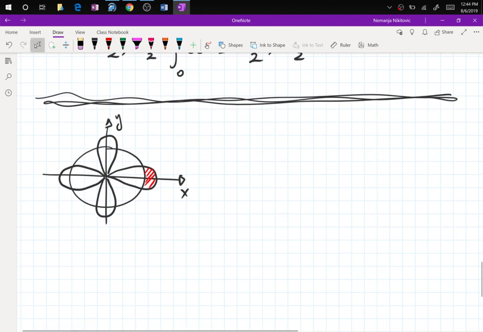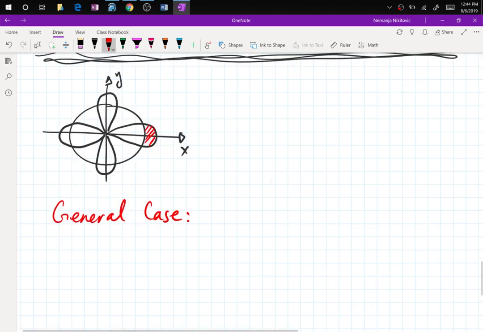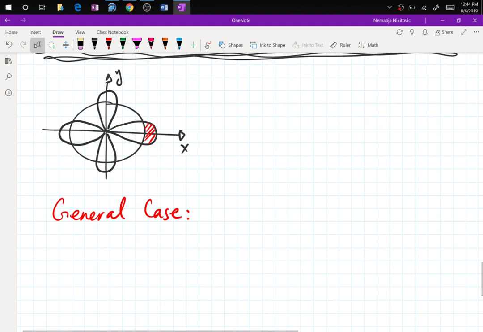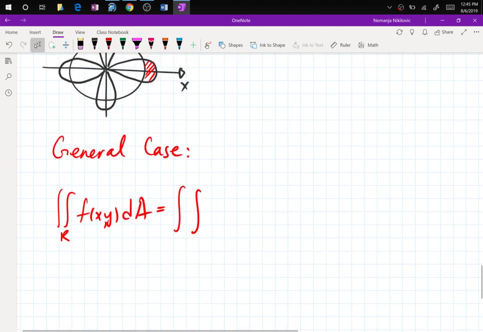For domains like this, we have to have the general case, because the one with the circle or the rectangular one, with the numbers around, would not help in this case. So now our integral over region R of f(x,y) dA is going to be given by the double integral of still f of r cosine theta, r sine theta.